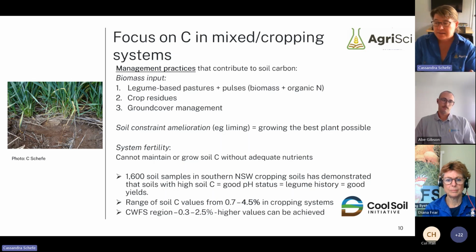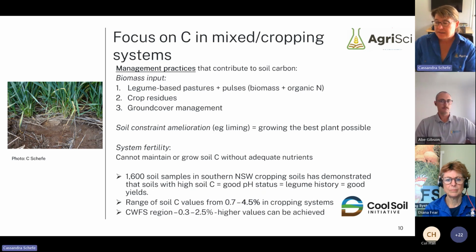And then finally, something that's a bit of a no-brainer for every livestock and mixed enterprise is around ground cover management. If we're removing all the biomass from the system, we can't increase carbon if we don't have any carbon there to increase. In addition to all the other benefits of ground cover management in terms of reducing soil erosion, increasing infiltration and generally supporting better soil structure.